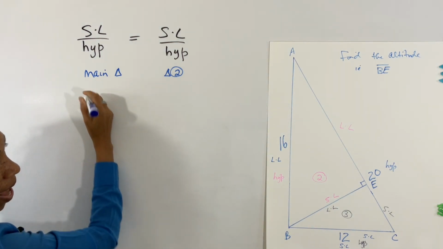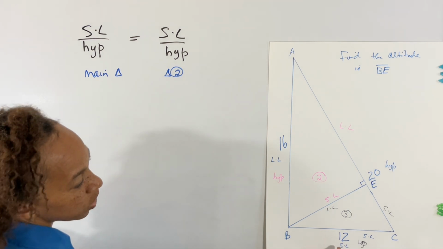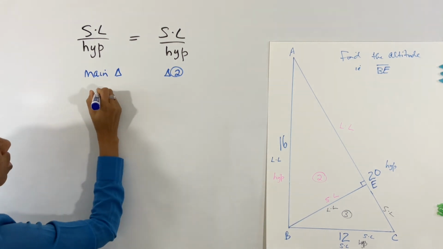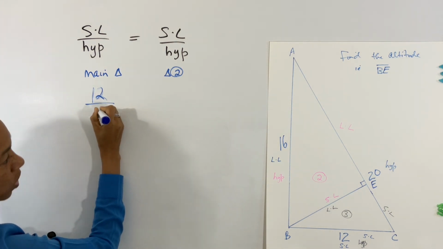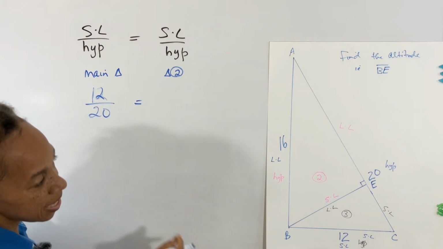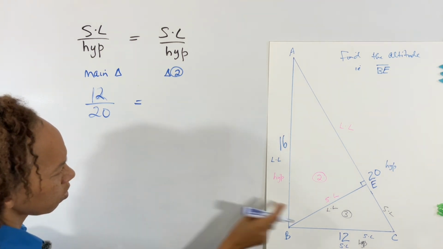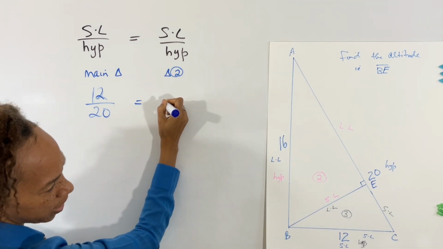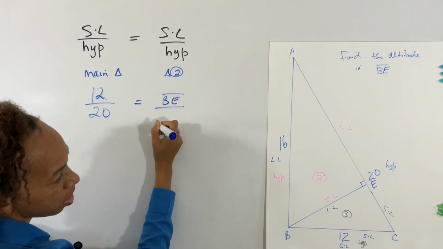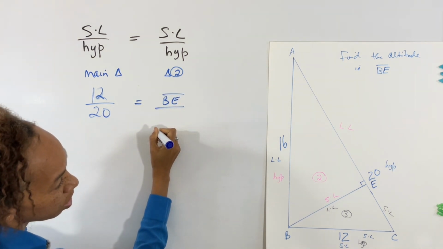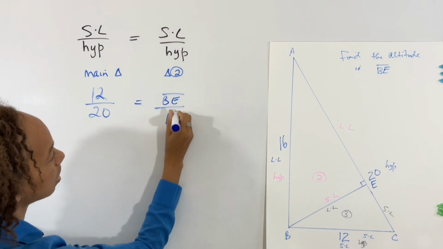So let's set up our ratio now. Main triangle, I have my short leg, which is 12, over the hypotenuse, which is 20. And set that equal to triangle number 2, where the short leg is the unknown, segment BE, over the hypotenuse there, which is 16.